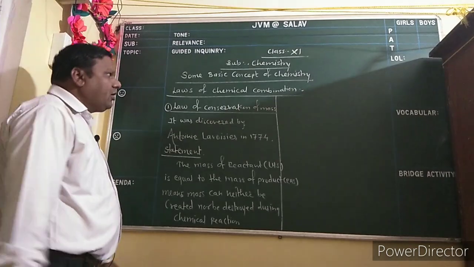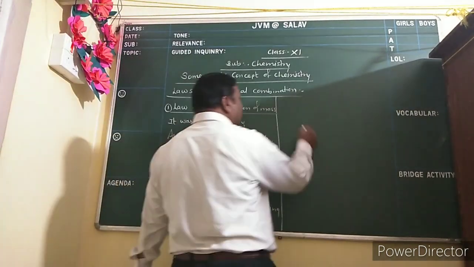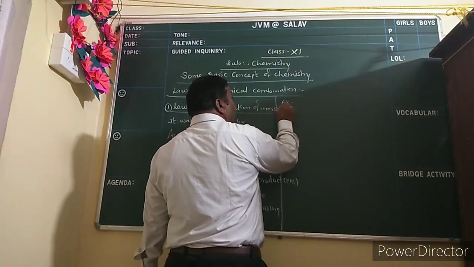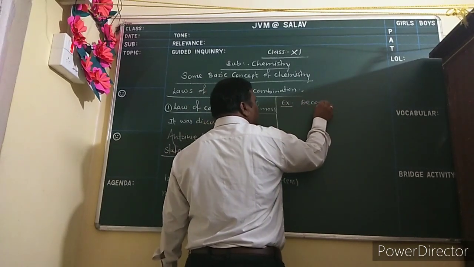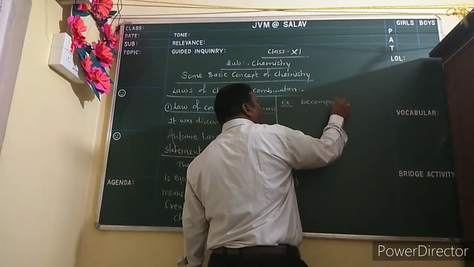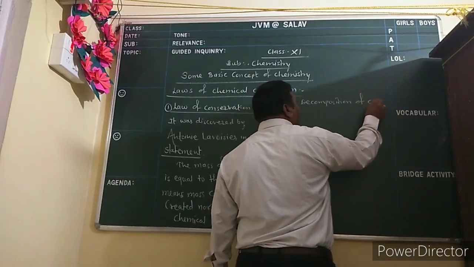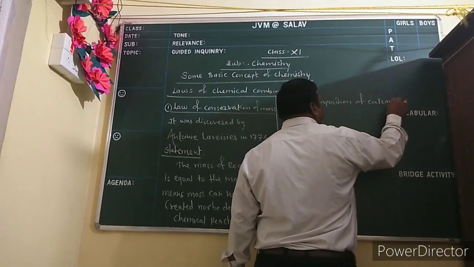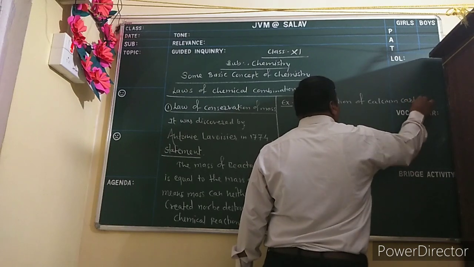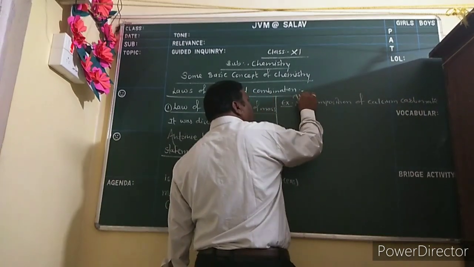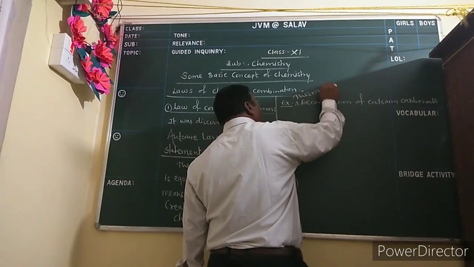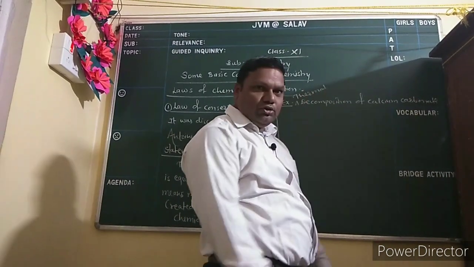Okay, now we discuss just one example here: decomposition of calcium carbonate. Which decomposition? Thermal decomposition. You already studied it in class 10th also.